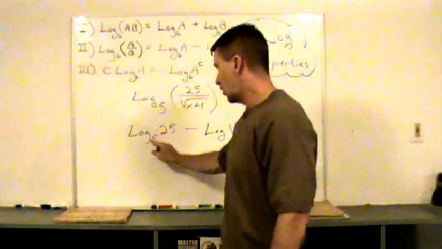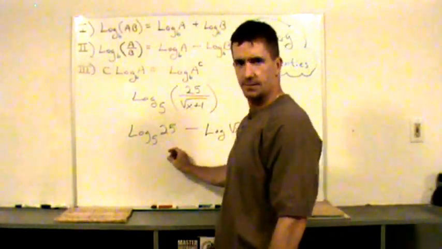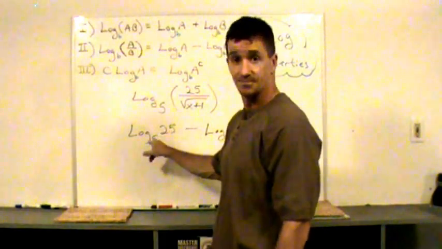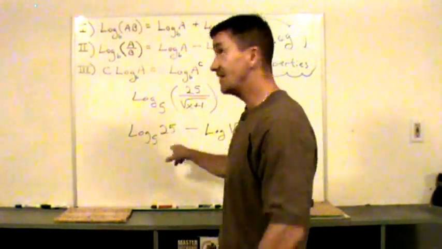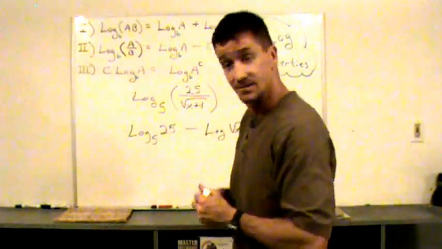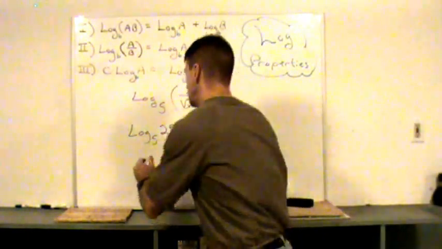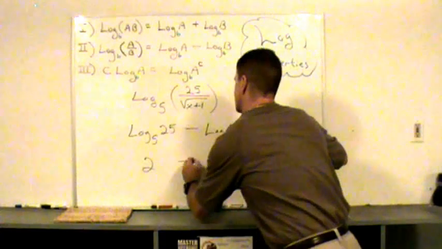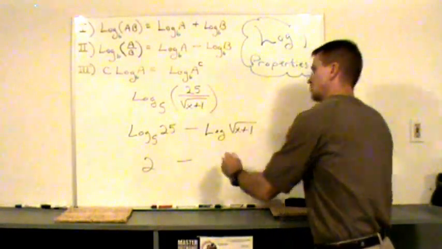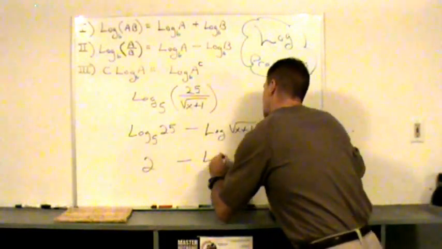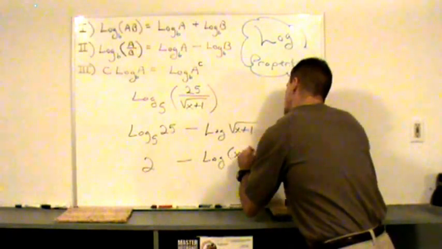First of all, log base 5 of 25 is a value. 5 to some power is 25. 5 to the second power is 25, so this is a 2. And over here, the square root of x plus 1 I can rewrite as x plus 1 to the 1/2 power.